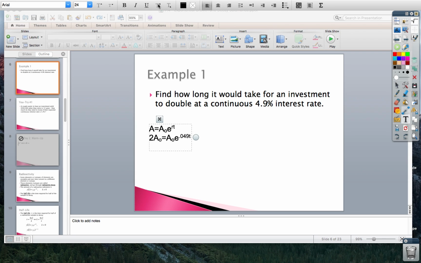You'll notice on the left and right side that we both have A sub 0. So if we divide that from both sides, we're left with 2 equals e to the 0.049t. In order for us to simplify this, or get rid of the e at least, we're going to need to take ln of both sides.